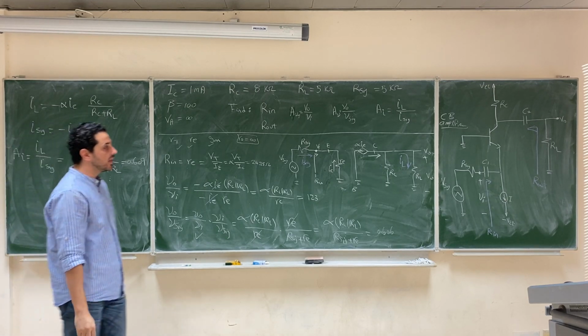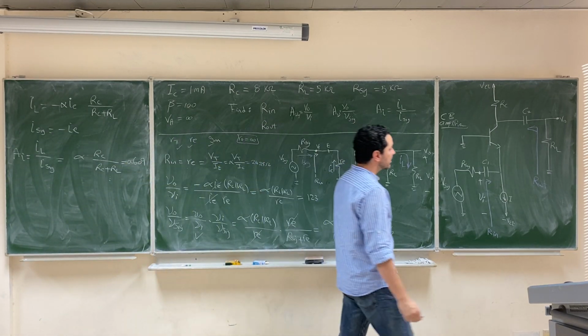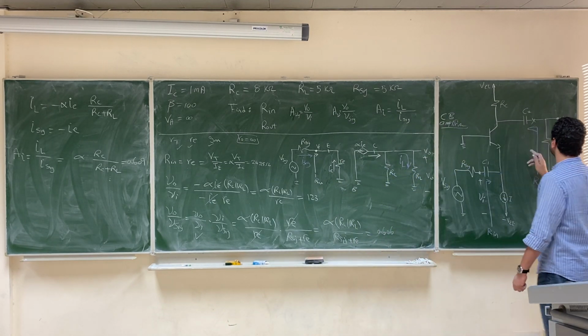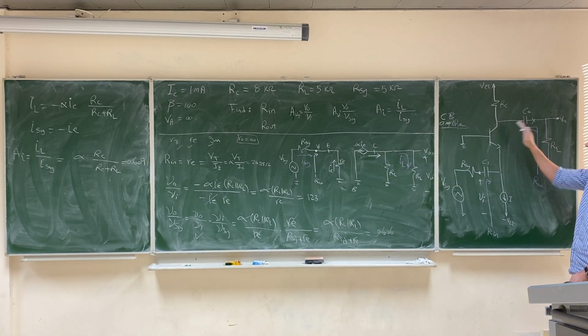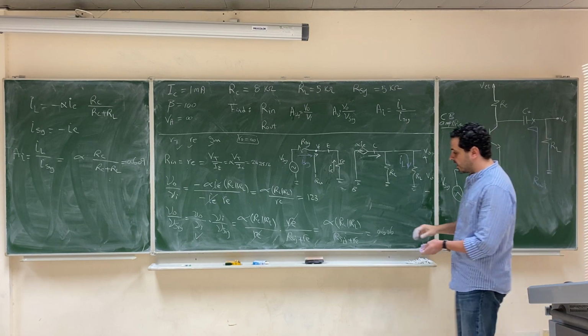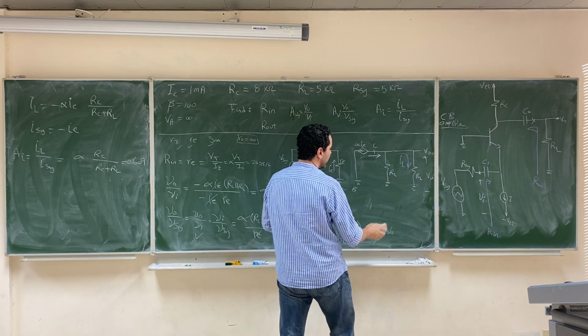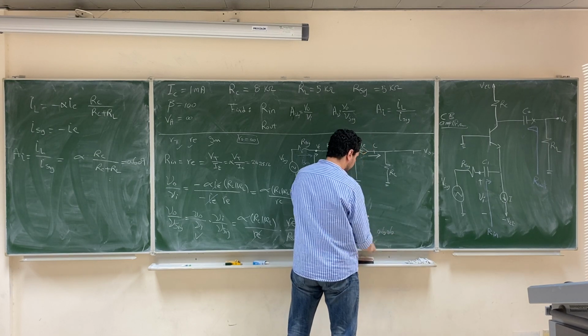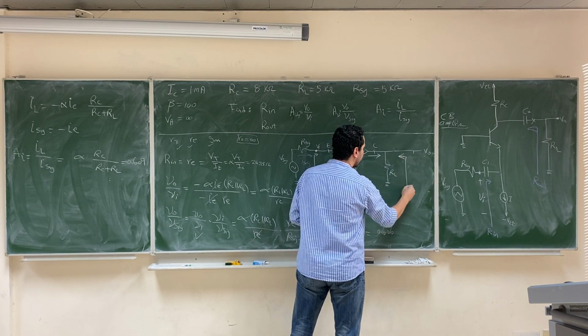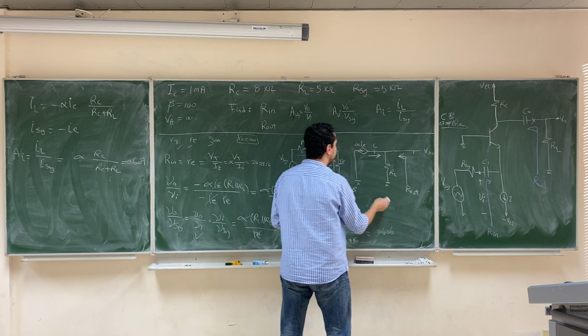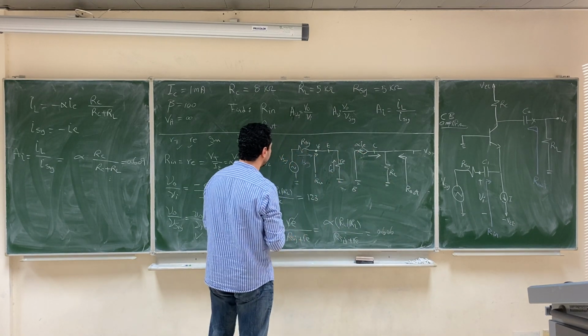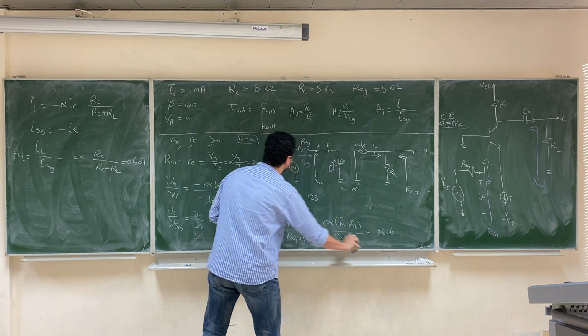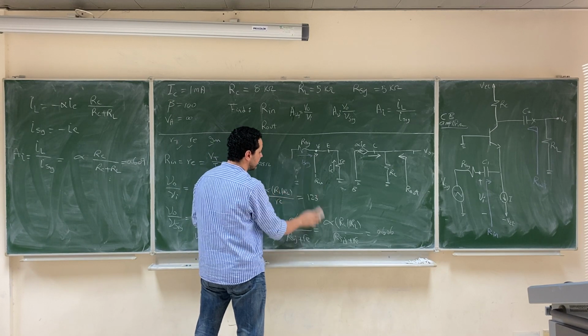Last part is we need to calculate our output resistance at this point, directly before RL. What we are going to do is forget about everything after this point, and deactivate any independent source. So we are going to deactivate this source, so it will be 0.